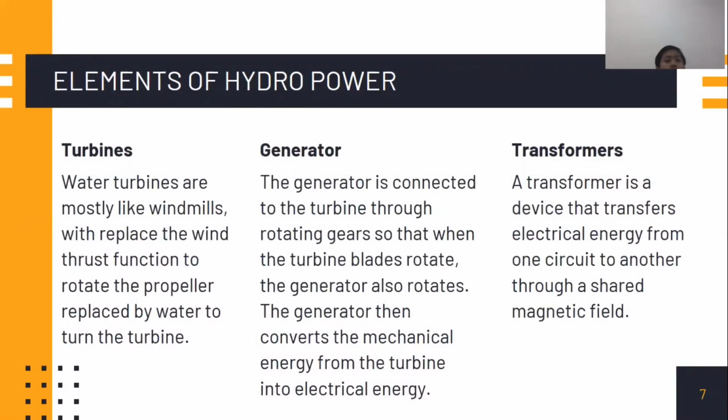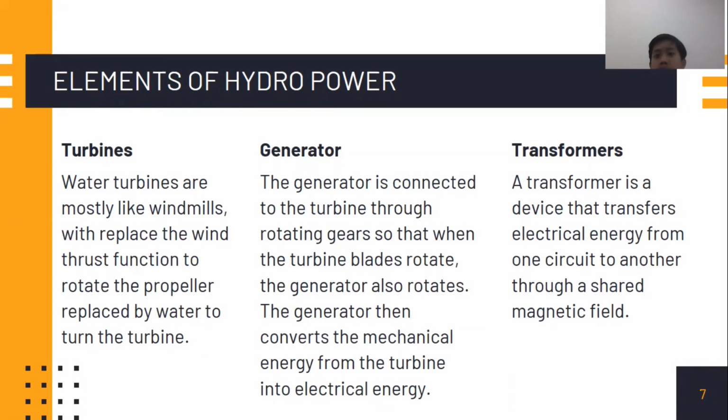Turbine. Water turbines are mostly like a windmill, where the wind thrust that rotates the propeller is replaced by water turning the turbine. Generator. The generator is connected to the turbine, so when the turbine blades rotate, the generator also rotates. The generator then converts the mechanical energy from the turbine into electrical energy.